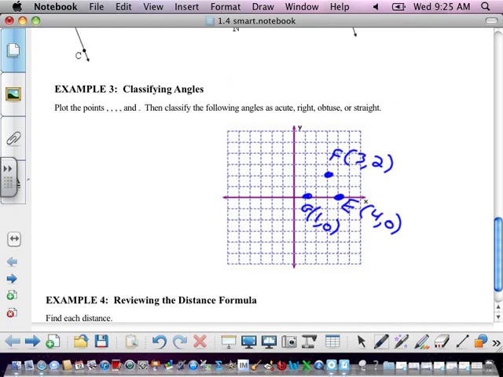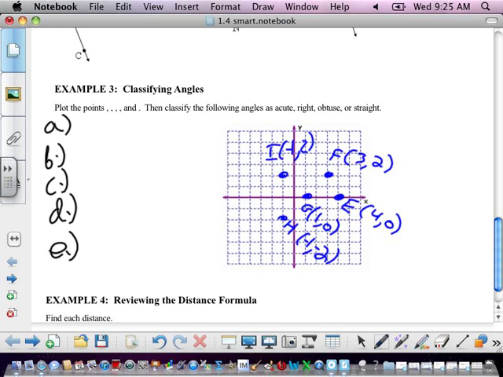H is negative 1, negative 2. I is negative 1, positive 2. Okay, now we're going to draw some angles and we're going to tell what they are. We've got A, B, C, D, and E.